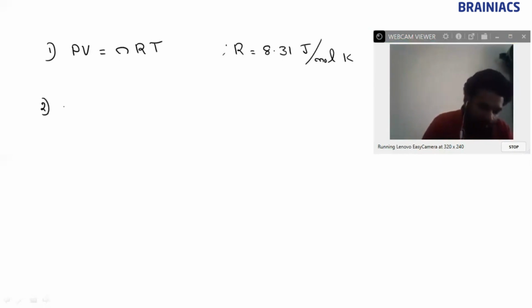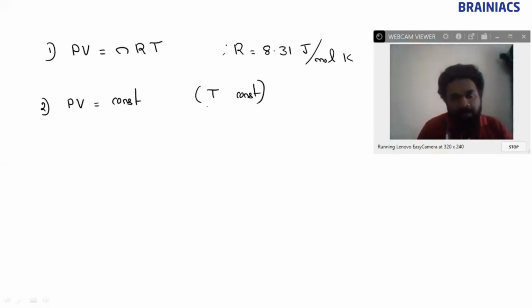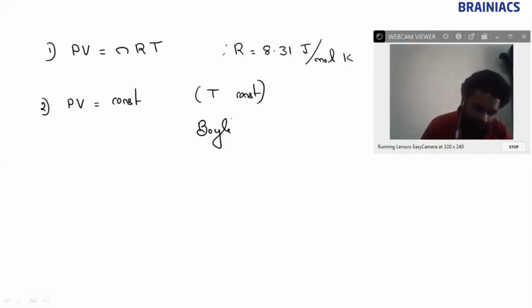Then PV is equal to constant. When we make the temperature constant, the product of pressure and volume will obviously be constant. What law is this? This is Boyle's law, found by Robert Boyle.